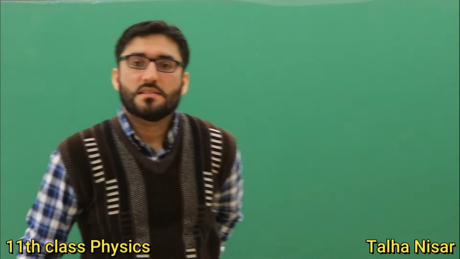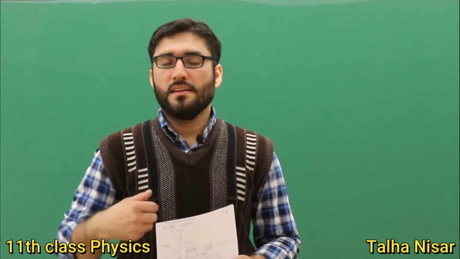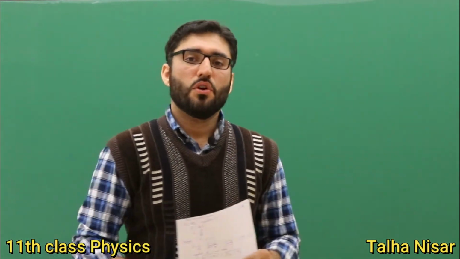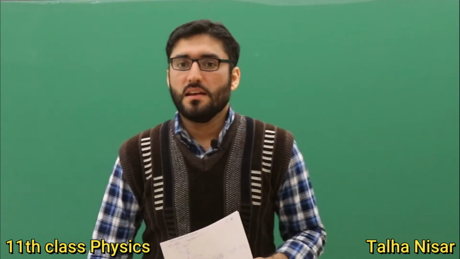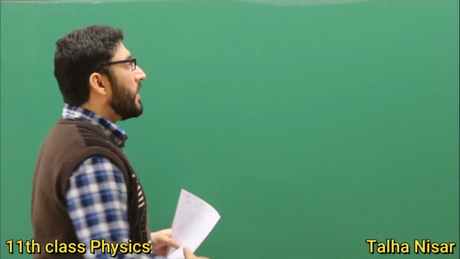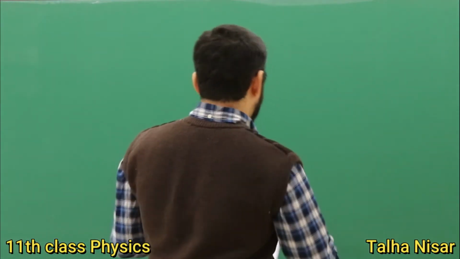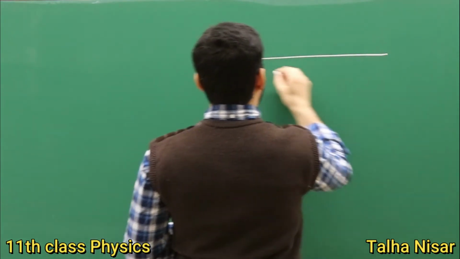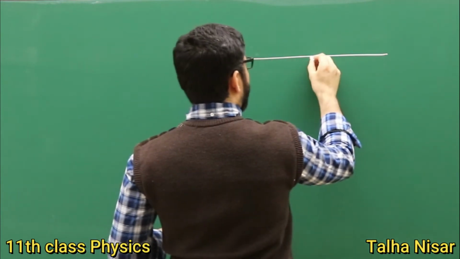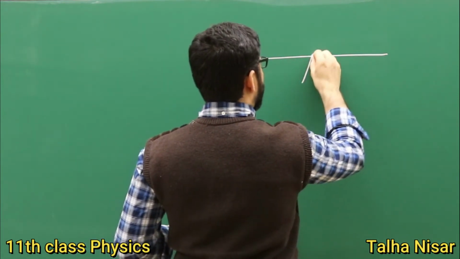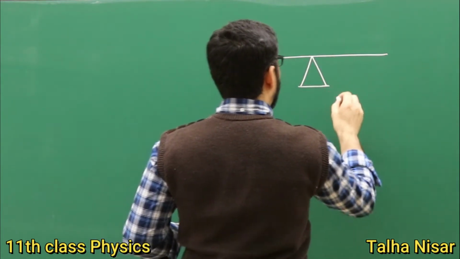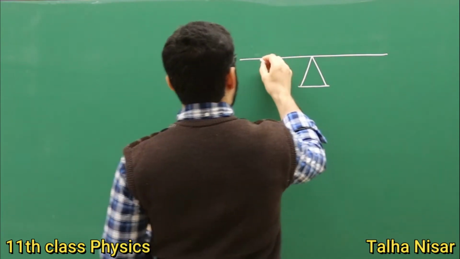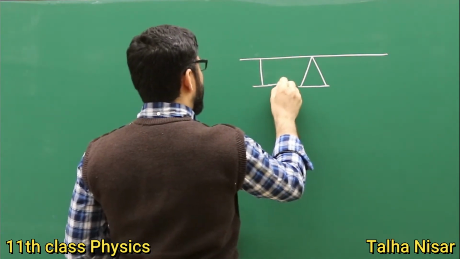And now we discuss the example in which we will discuss the second condition of equilibrium, in which the torques will be involved. So we have a rod which is balanced here, and we have 10 kgs.